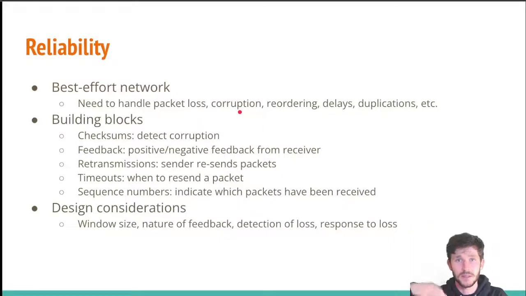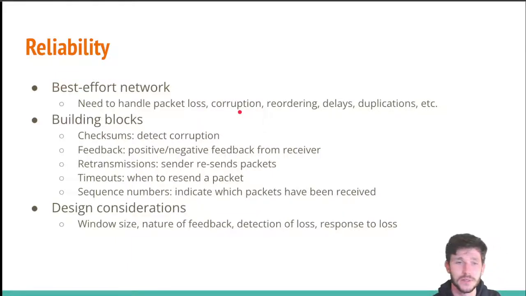The interface that the higher level is expecting is a stream of bytes. And so you can only continue streaming sequentially. You can't jump ahead in the stream and then jump backwards. And so we're going to have to handle this case of packets getting reordered in the network as part of reliability. Packets get delayed, packets get duplicated. All of this stuff should be abstracted away from the application.